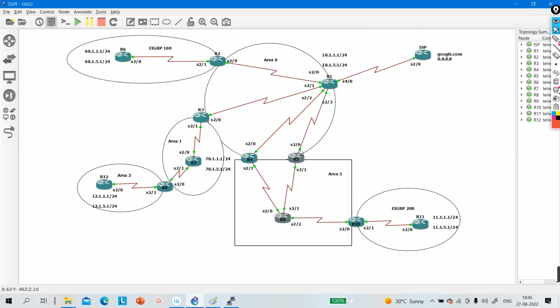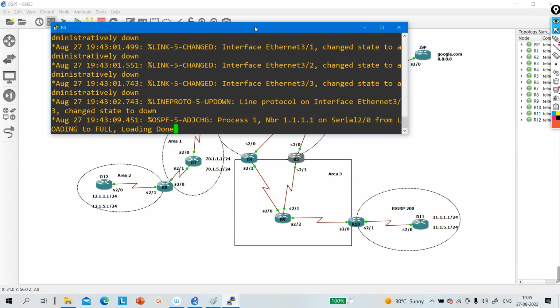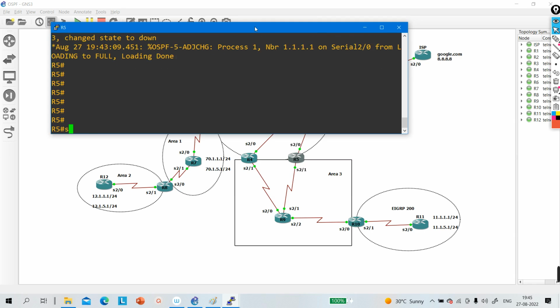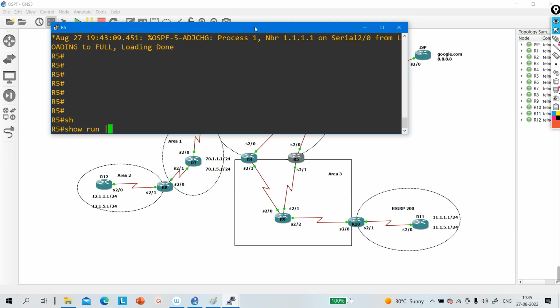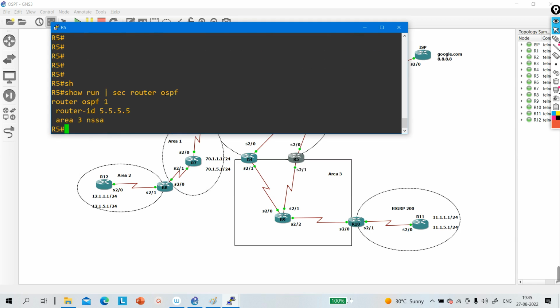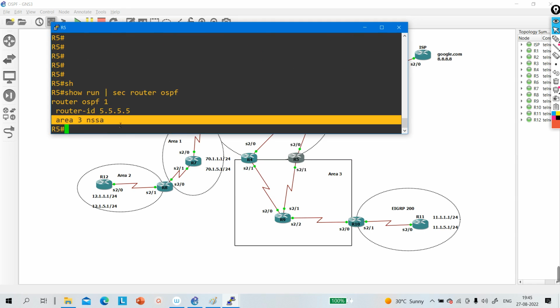Let me check the OSPF configuration on router 5. So show run section router ospf. Okay, so I have configured area 3 as NSSA on router 5.